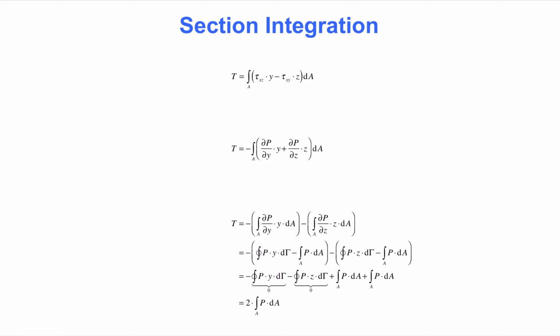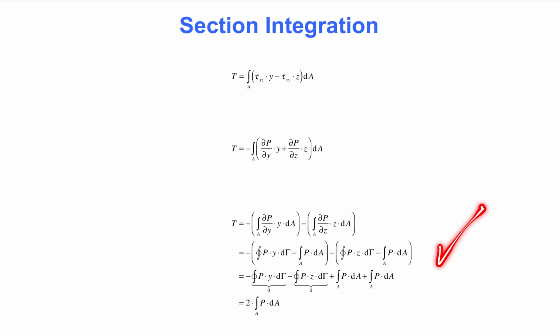Integration of shear stresses multiplied by their distance to the center is shown in the equation at the top. The next equation shows how those shear stresses are formulated in terms of the stress function. The integral is simplified by invoking integration by parts. The first term in the integrand is partially integrated in the y direction and the second term in z direction.